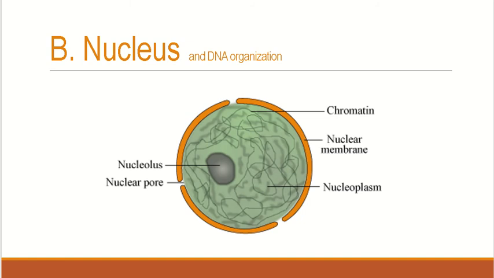So the first thing you need to identify and observe in this figure is this green area inside the nucleus, which is the nucleoplasm, the fluid-filled part of the nucleus where DNA primarily resides. So DNA resides within the nucleoplasm. However, in this figure, our DNA is in the form of chromatin.